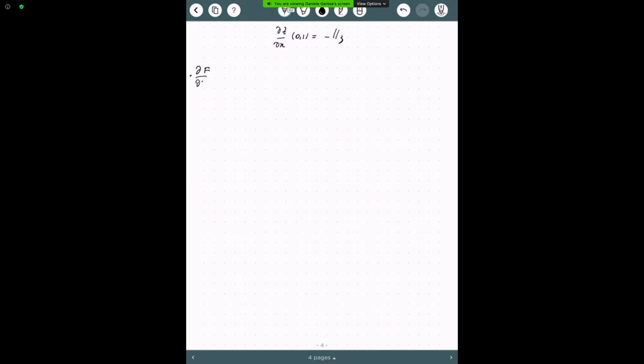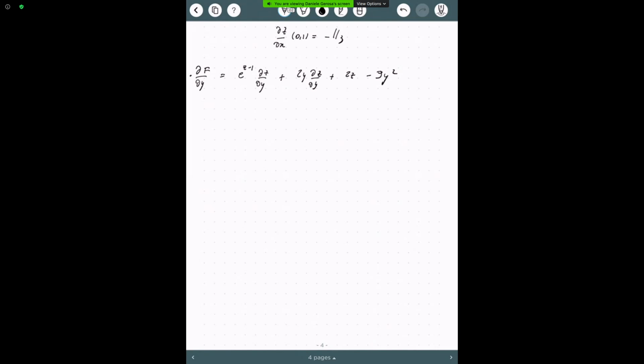We get e to the z minus 1 times this, plus, now we have to do the product rule here, 2y times dz/dy plus 2z minus 9y to the power of 2.